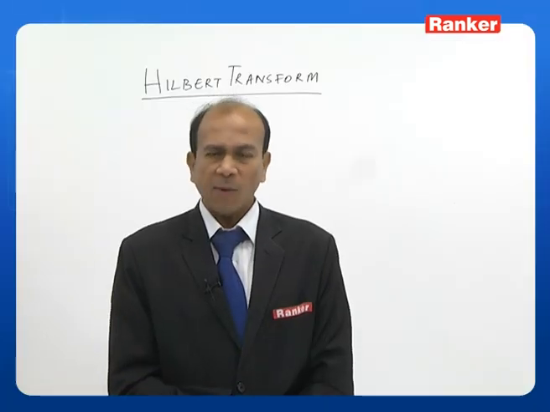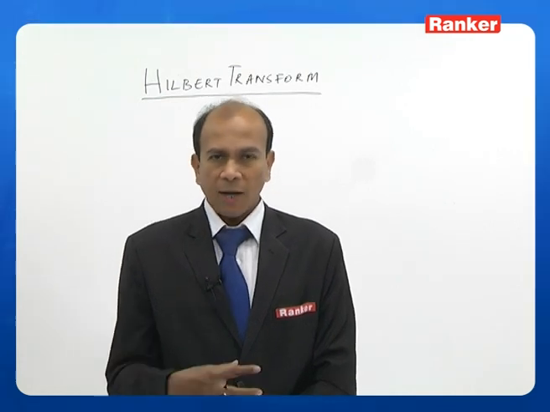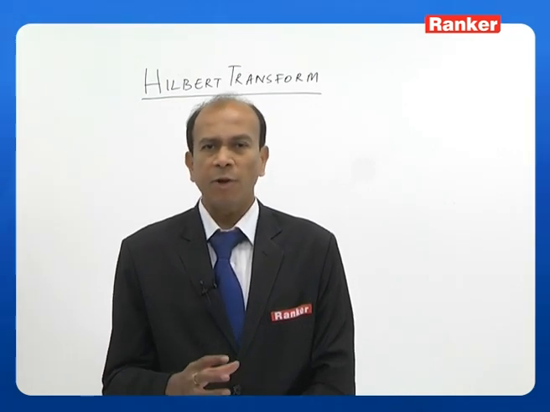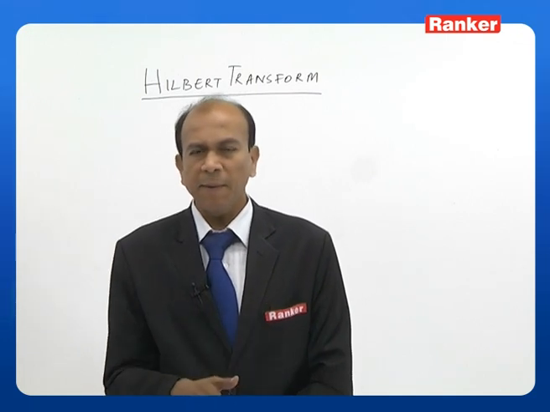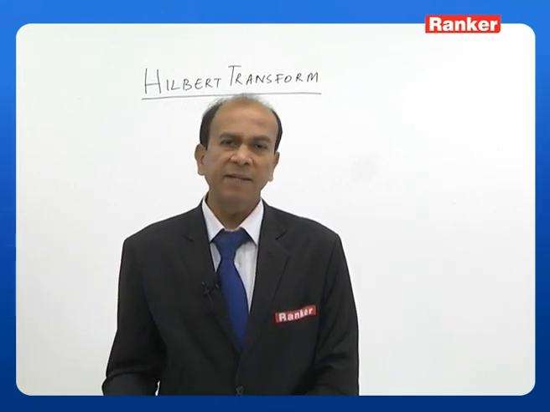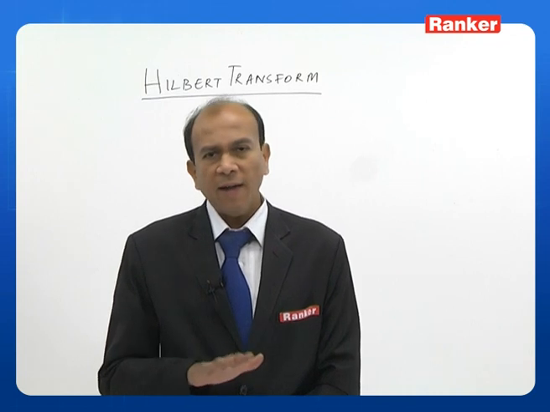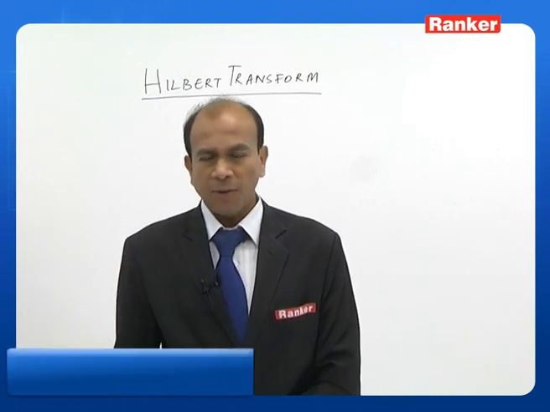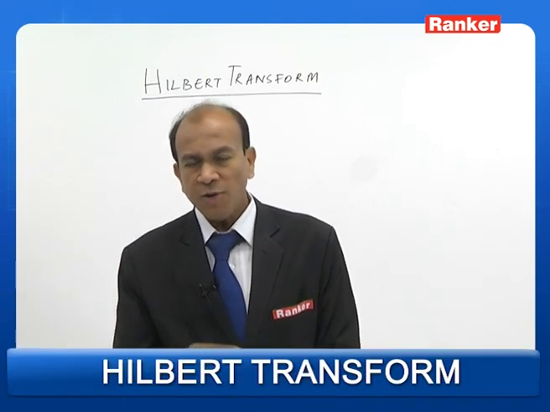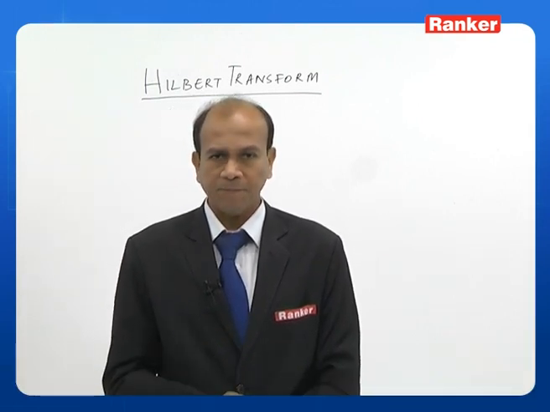So, let us see. What is the Hilbert transform doing? It is not involving a time domain change. That means, if I am representing in time domain, the signal essentially remains in time domain only after Hilbert transformation is done. So, x of t is changed into a completely different format signal, which we call x cap of t.